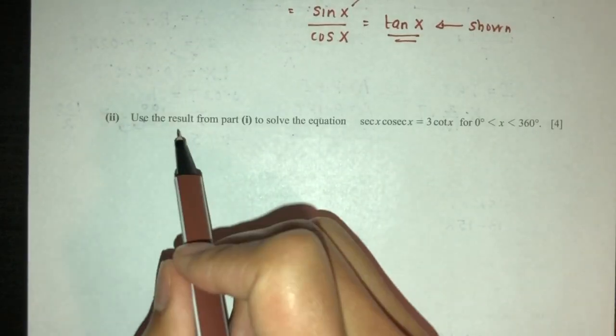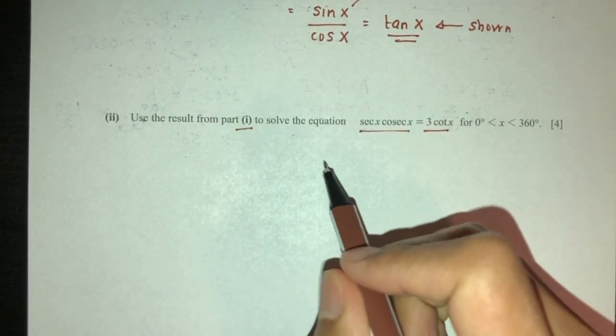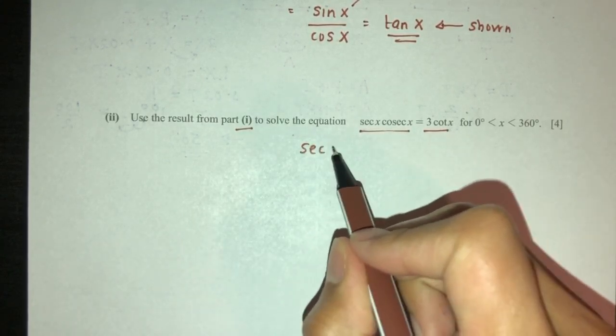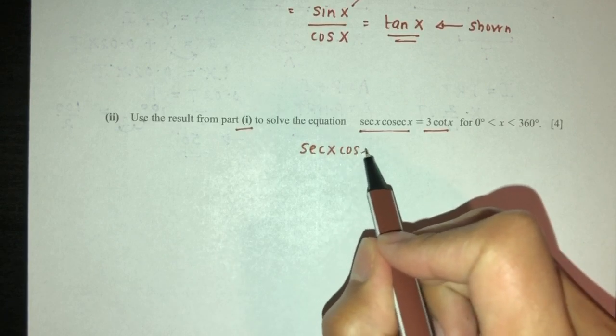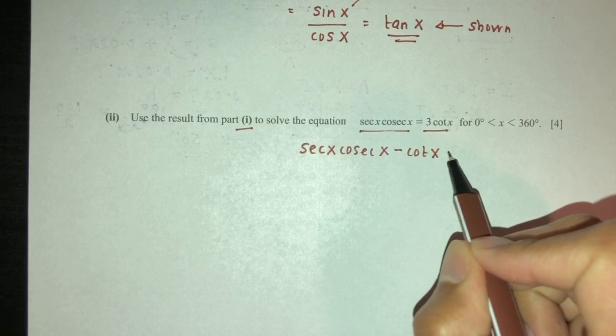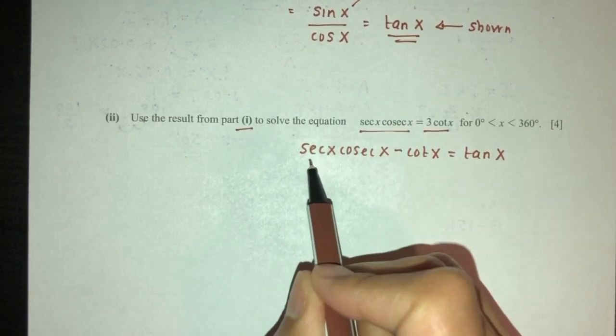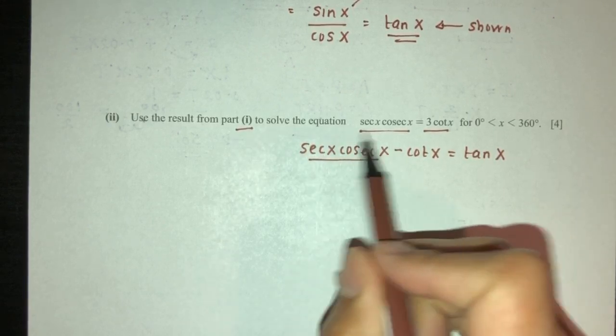Now for part 2, use the results from part 1 to solve this equation. So in part 1 we have sec x cosec x minus cot x, that was equal to tan x. That was for part 1. Now here we have this, and here we have this as well. So let's make this the subject of formula.